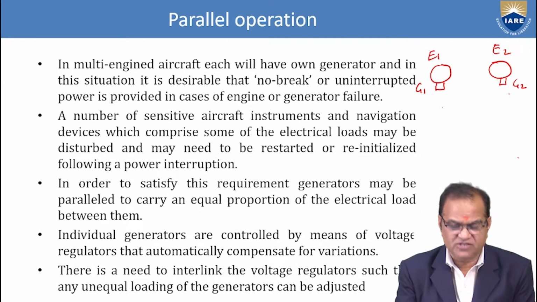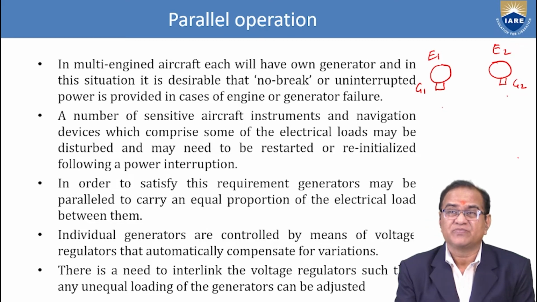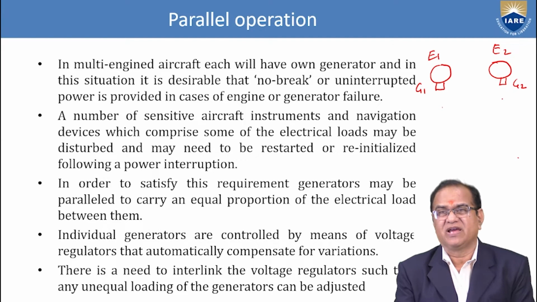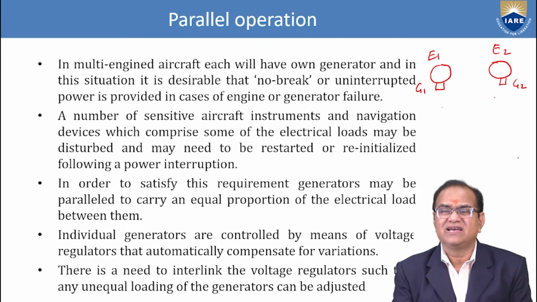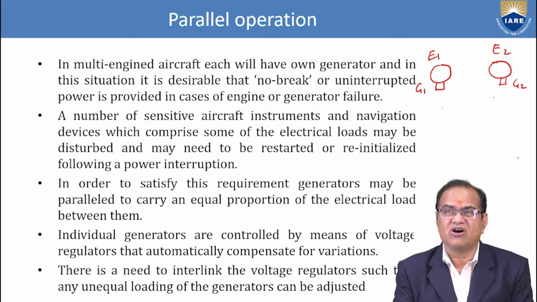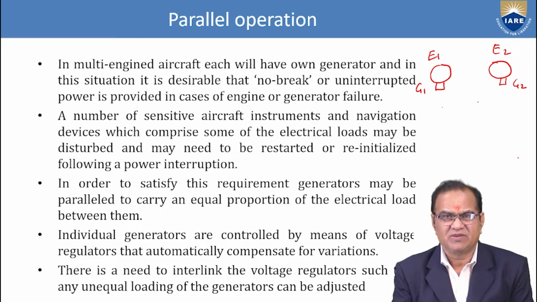So in order to satisfy this requirement, parallel means aircraft interruption should not happen. Power should be very smooth, and our working electrical, electronics or avionics equipment should not be interrupted. So the power also should be very smooth and no interruption is permitted.